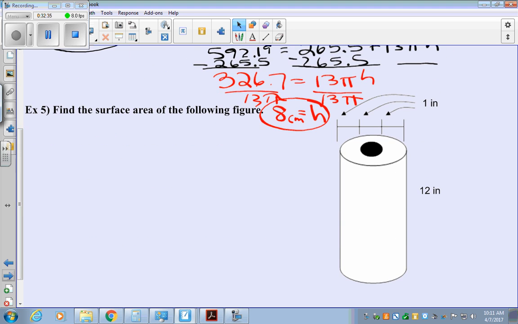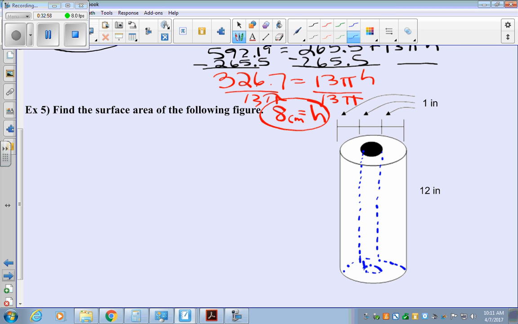All right, we have a cylinder with a hole burrowed through the middle. So this hole goes all the way through. Remember, hidden lines are dashed, so it goes all the way through the cylinder.